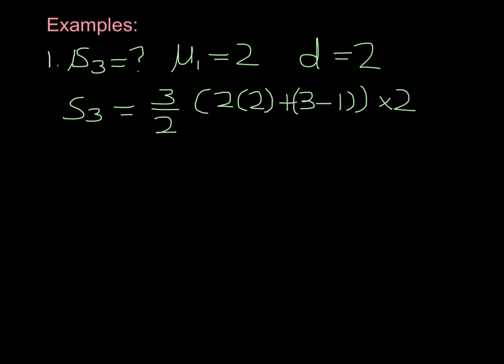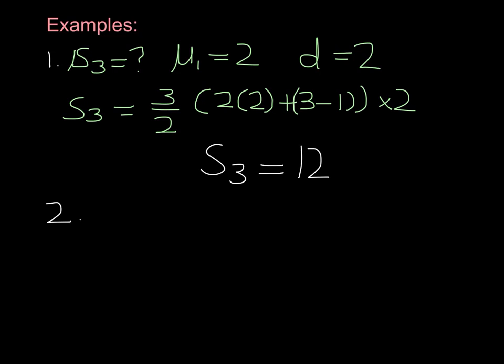Now we can input all of these at the same time in our calculators. Now if we input this in our calculators, it gives us that S3 equals 12. You can check it out.